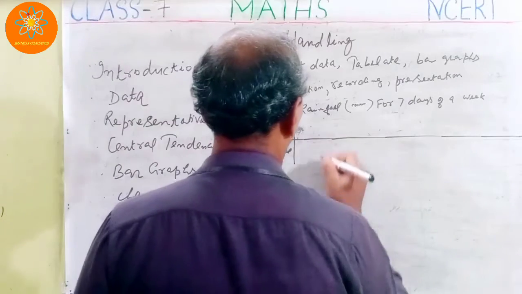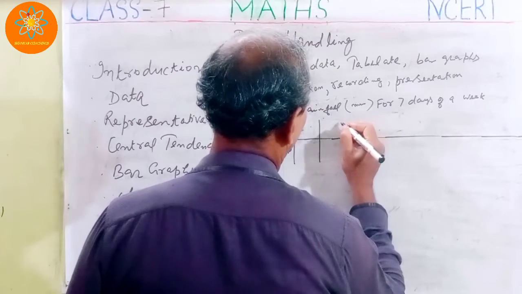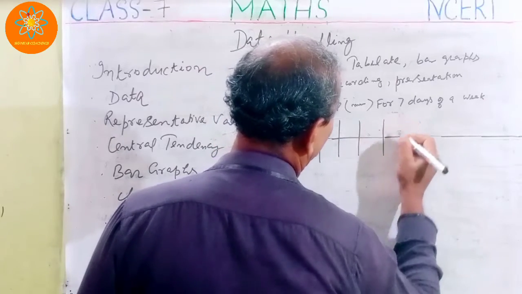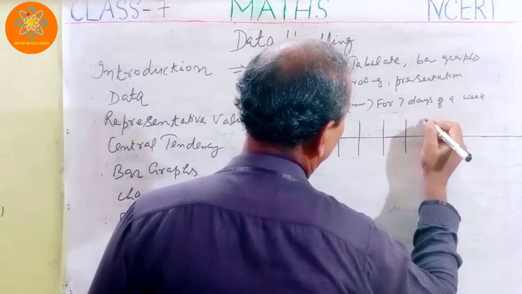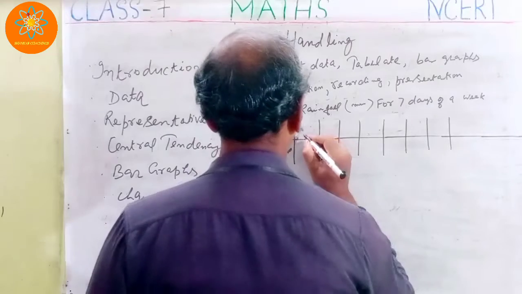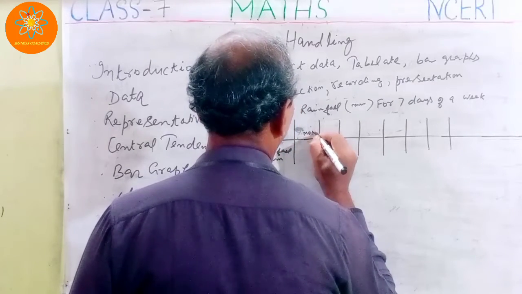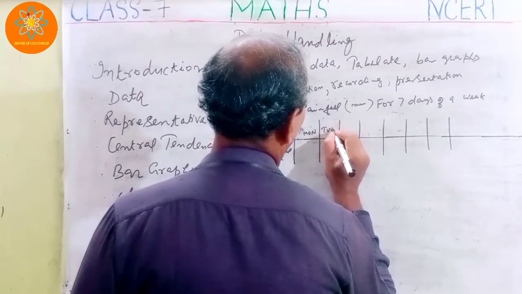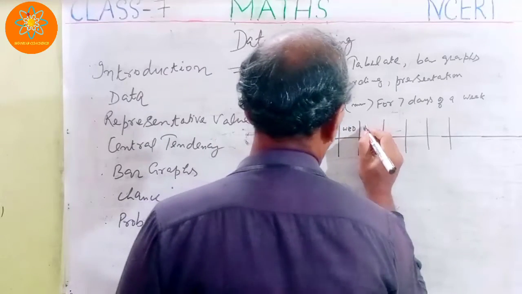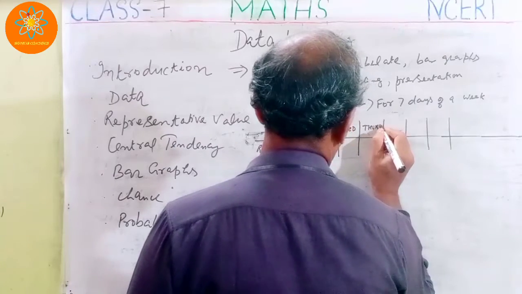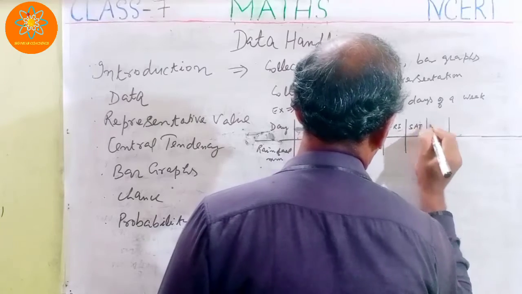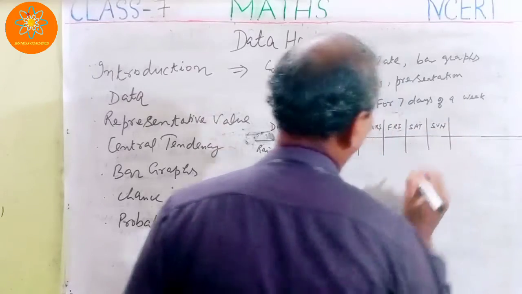So I am taking Monday, Tuesday, Wednesday, Thursday, Friday, Saturday, and last Sunday.